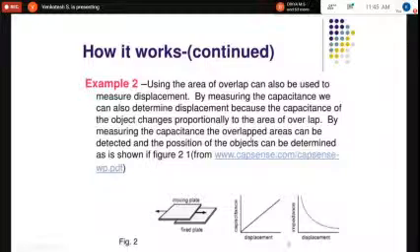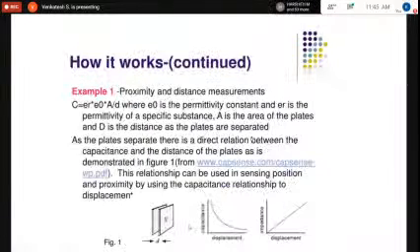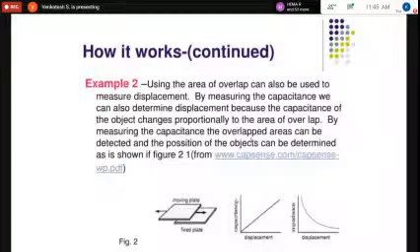Whereas the impedance has the opposite characteristic compared to the previous case, that is, impedance decreases exponentially with displacement in the case of the variable area capacitive transducer. This is the variable distance capacitive transducer. This is the variable overlapping area capacitive transducer. Using the area of overlap can also be used to measure displacement.